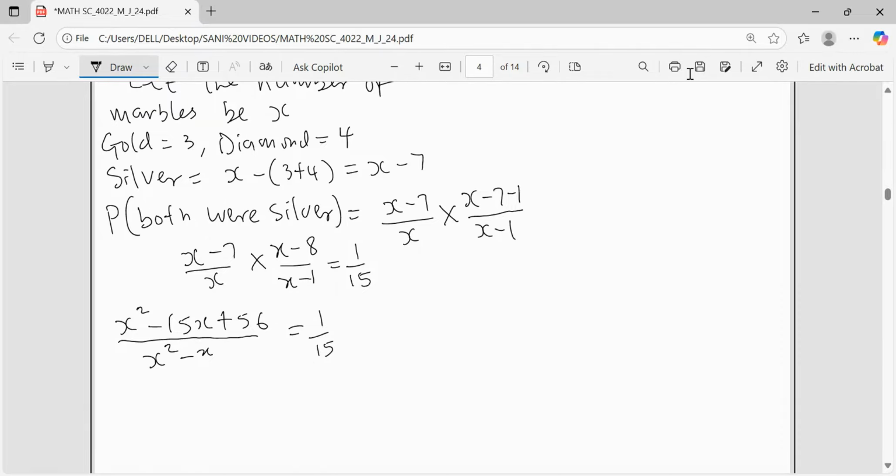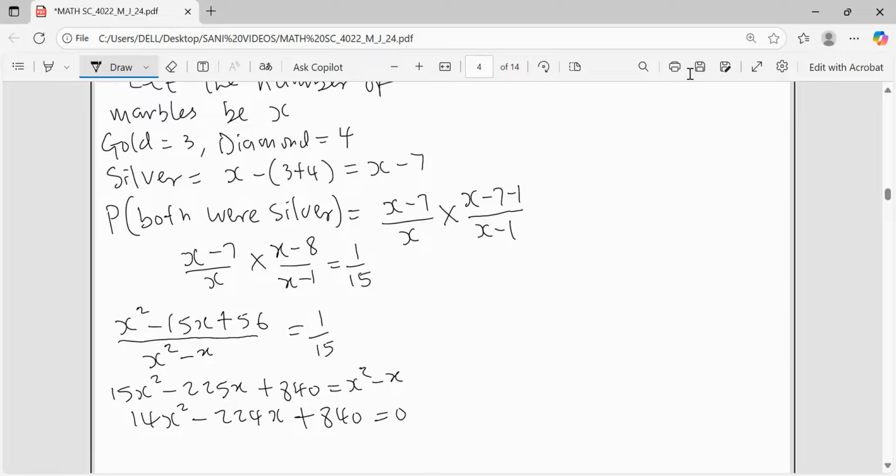So when you cross multiply, you have 15x squared minus 225x plus 840 equals x squared minus x. So collecting like terms, you have 14x squared minus 224x plus 840 equals 0. Before you solve this quadratic equation, you can divide all through by 14 in order to simplify it.